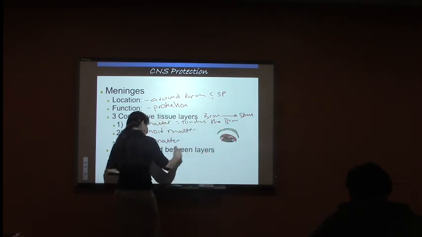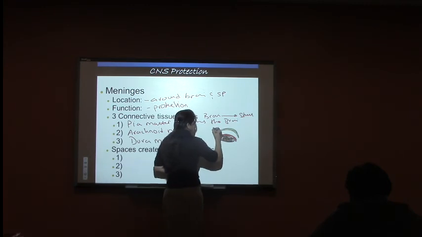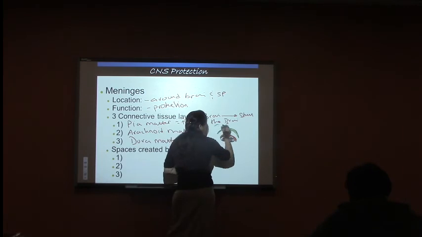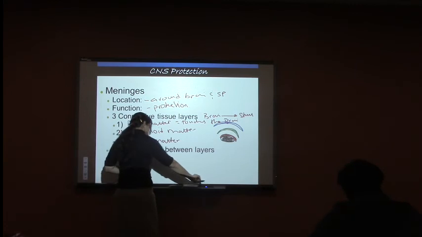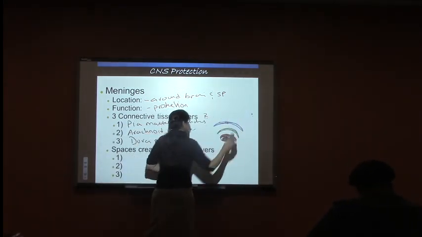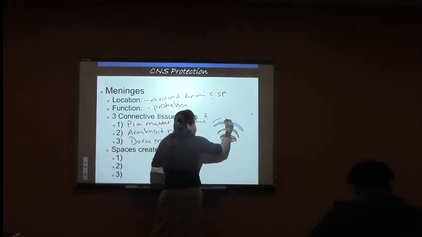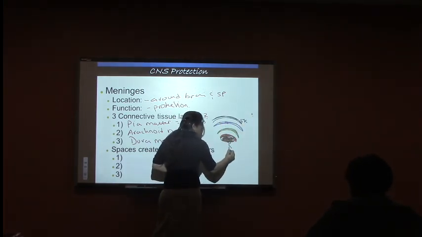Arachnoid. What is this layer? Dura matter. And this is the skull. So here's the brain, there's the skull.